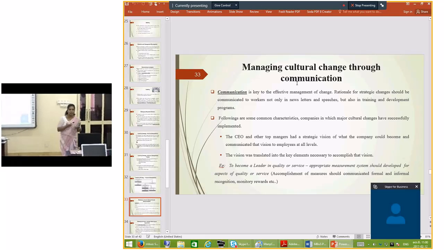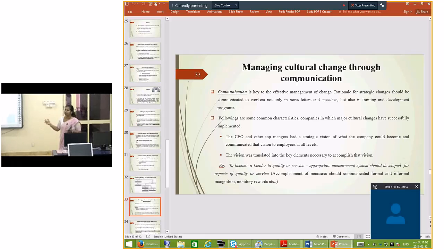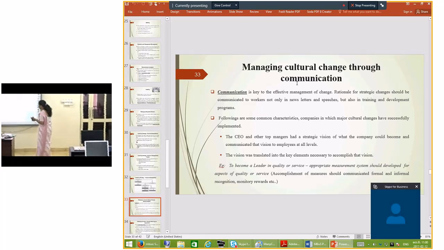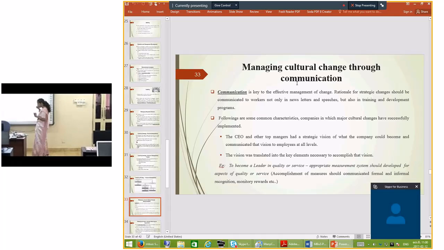Definitely they might come up with labor unions opposing the new changes. Understood? Therefore, when it comes to cultural change, to minimize those conflicts or resentment, the company can go for a proper communication system.